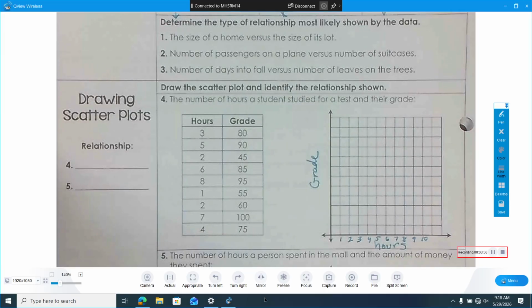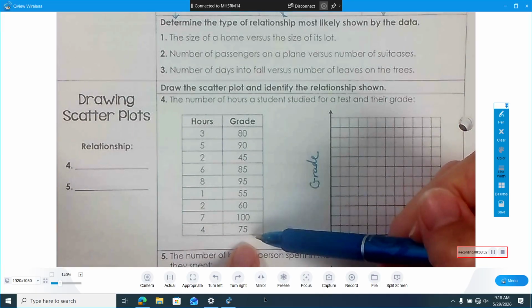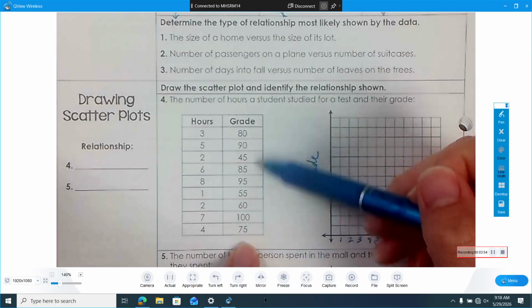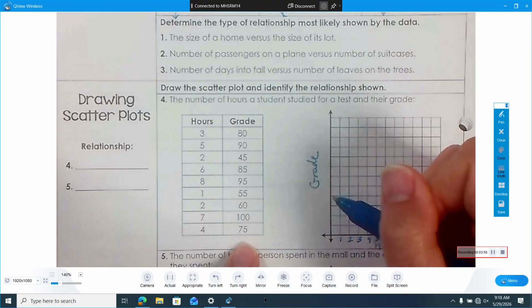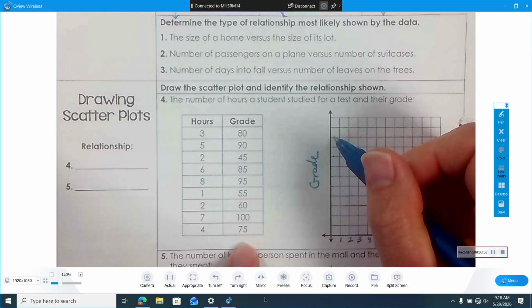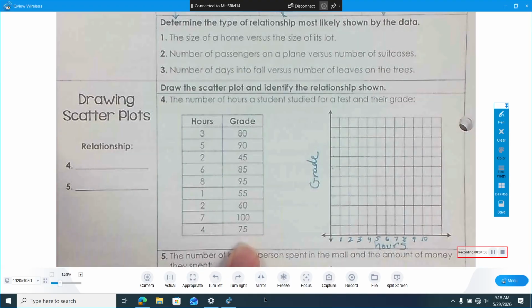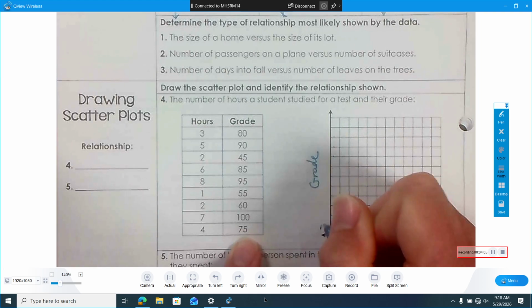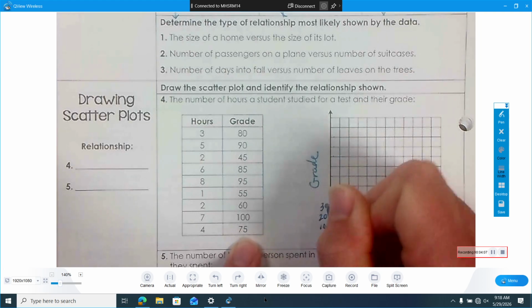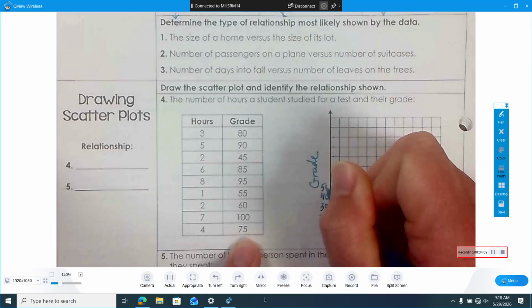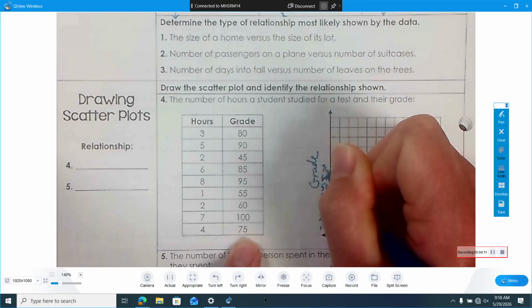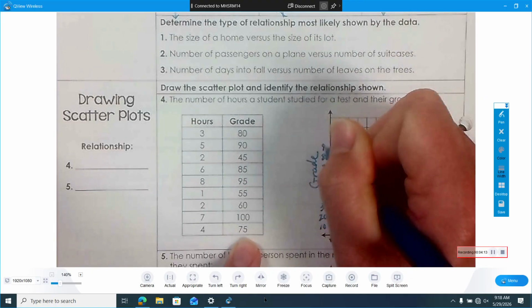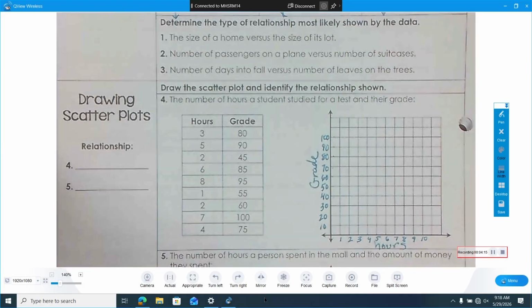And then for the grade, I think we can just count by 10s. 10, 20, 30, 40, 50, 60, 70, 80, 90, 100. That's good enough.